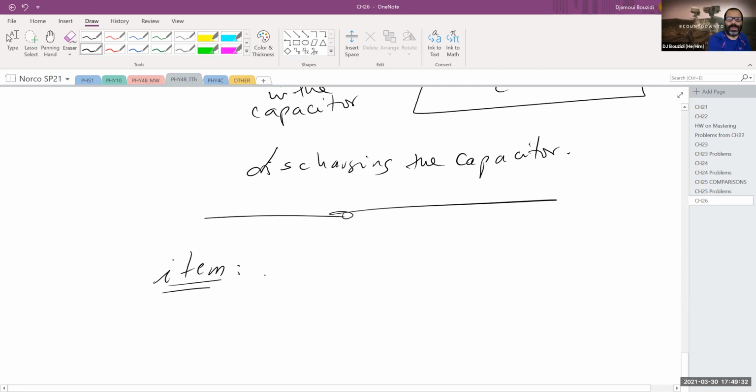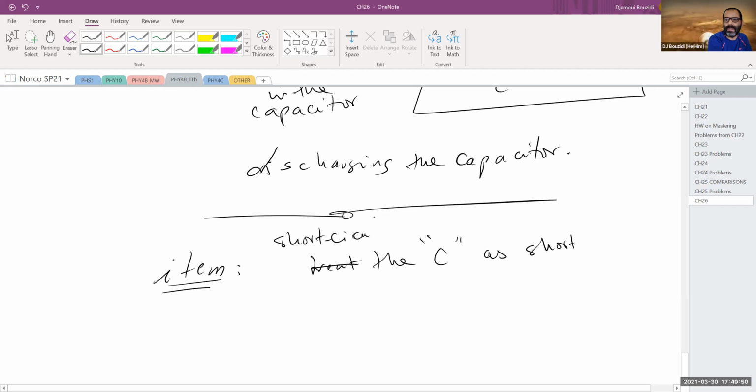This is the item that I want you guys to remember, the item of the discussion. Short-circuit the capacitor immediately after t equal to 0.